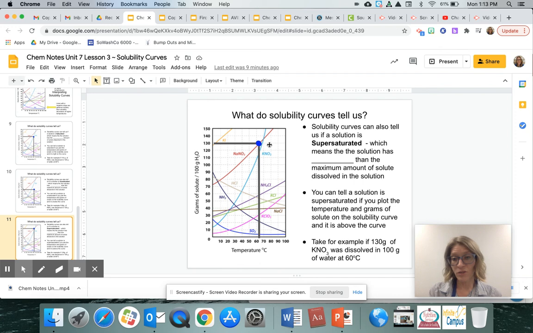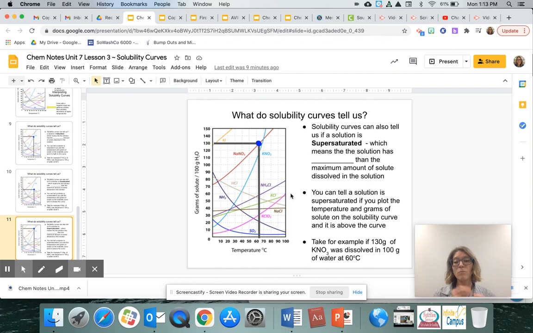So supersaturated gets a little tricky. So I'll explain the two things with supersaturated. Supersaturated means the substance contains more than the maximum amount. So if the mark is above the solubility line, then that solution has more than the maximum amount dissolved into it, as long as it's all dissolved. So that's the key with supersaturated.